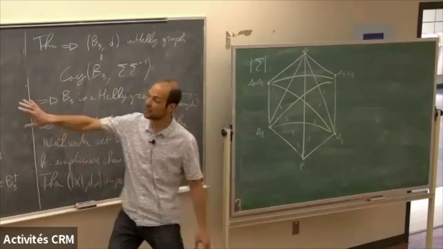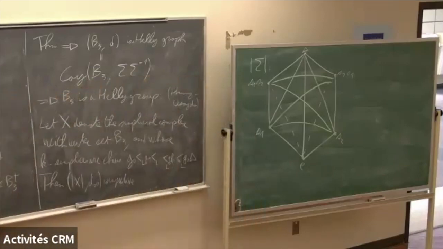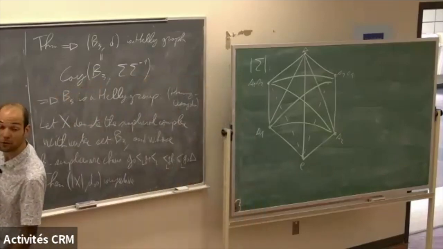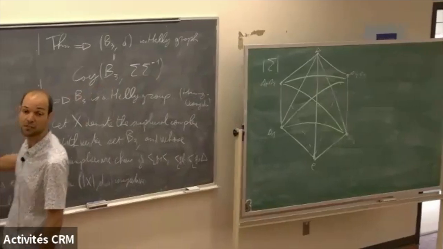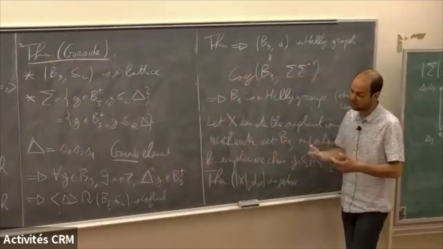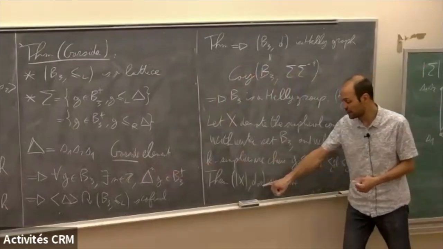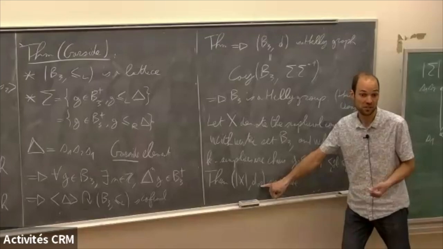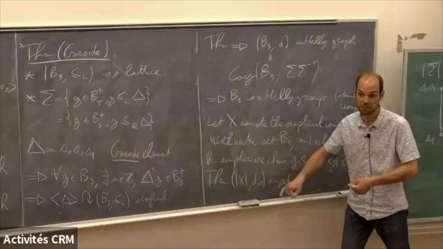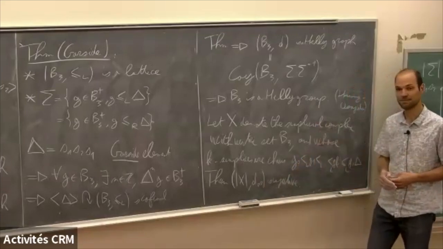Not with this Garside structure, it's false, but with another Garside structure, there are two Garside structures. So it's the most advanced way to prove that braid groups are CAT(0), which is replacing the infinity by a 2 here. So it's open. But with L-infinity, it works magnificently, I think.